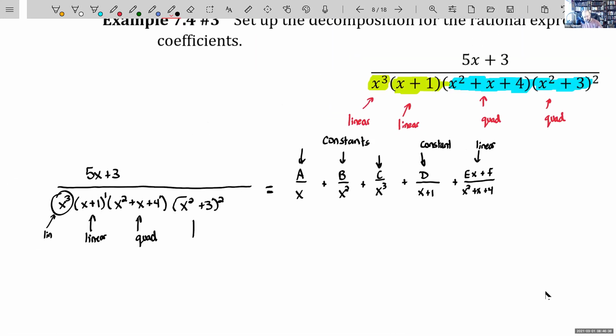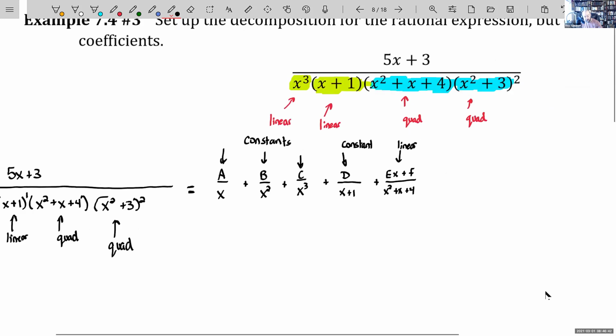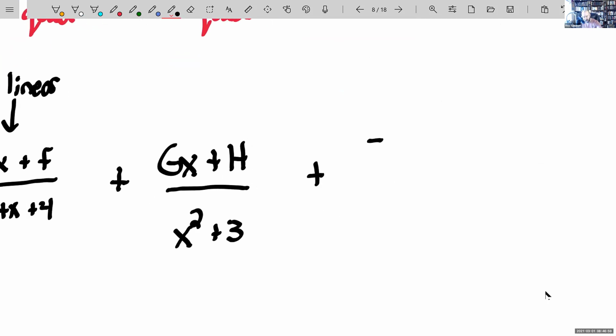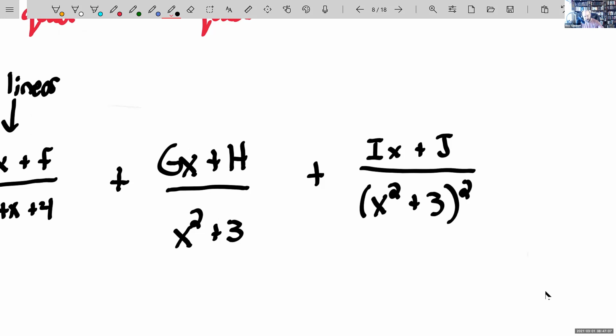Now we go to the next quadratic factor, and that occurs twice, but it's a quadratic. Its numerator will be a linear, so gx plus h over x squared plus 3. But we had 2 powers of that, so I need one more term here, ix plus j over the quantity x squared plus 3 squared.